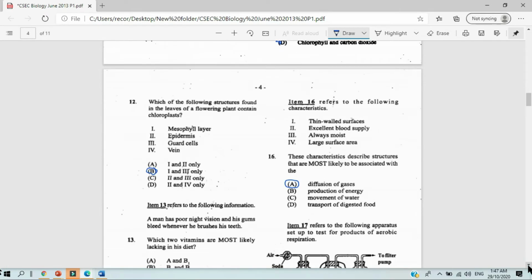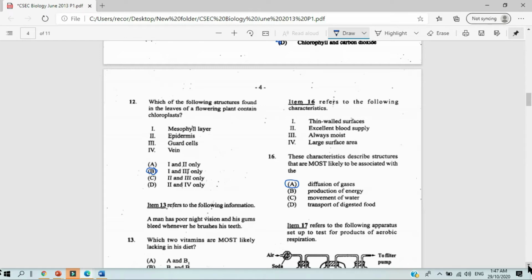Question number 12. Which of the following structures found in the leaf of a flowering plant contain chloroplasts? Alright, so we're looking at the mesophyll layer. And you thought the mesophyll layer has the spongy and palisade mesophyll. Then we have the epidermis, and we have the guard cell down the bottom, stomata there, and we have the vein.